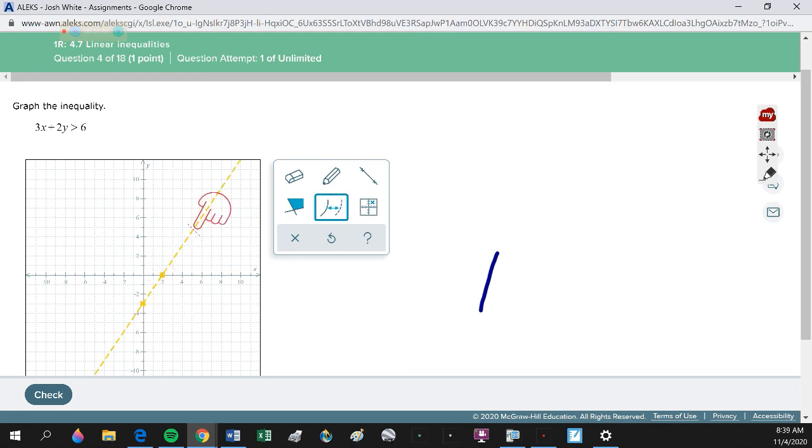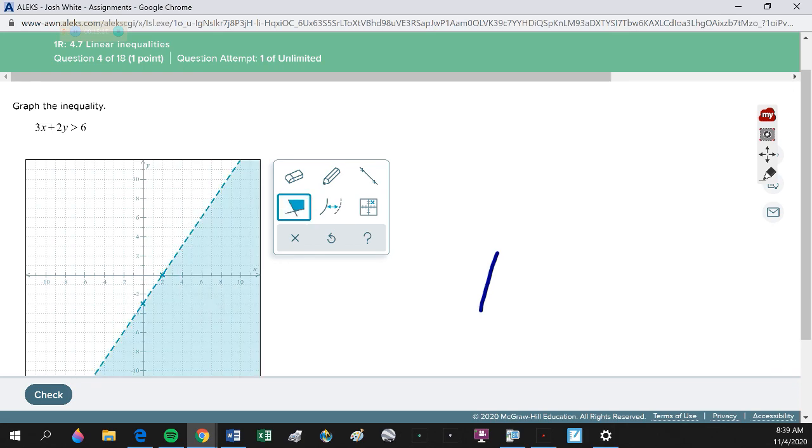Okay. And what point do you want to try? Let's try 0, 0. So I plug in 0, 0. Is 0 plus 0 bigger than 6? No. So the top side is a no, which means the bottom side is a yes.